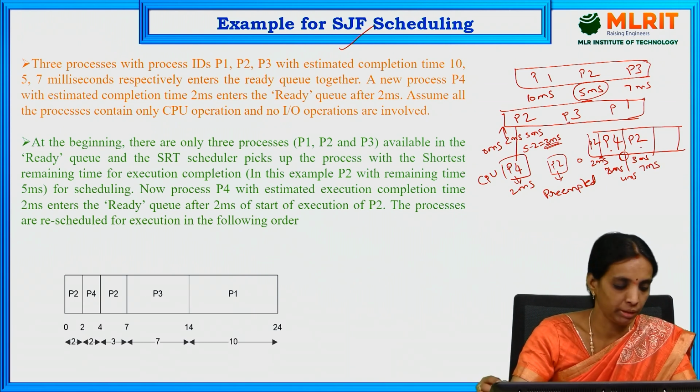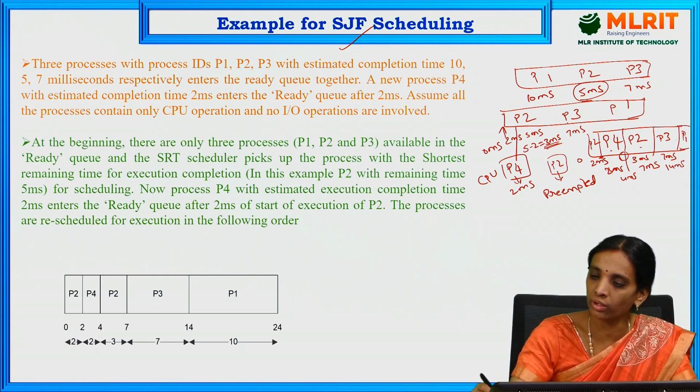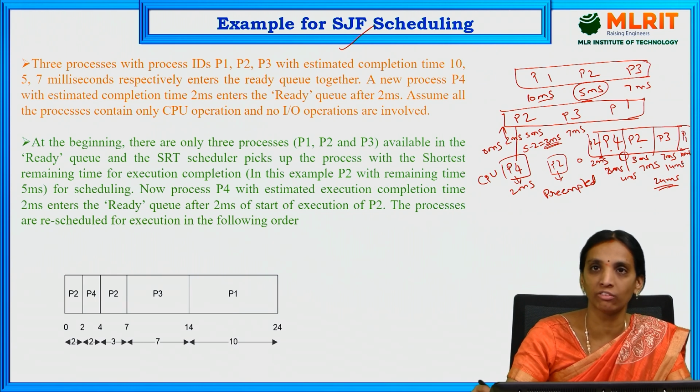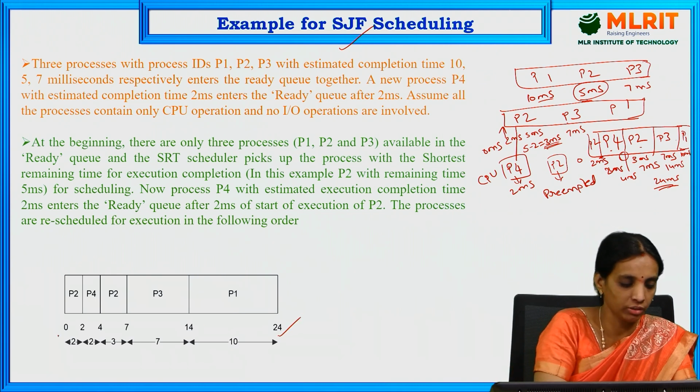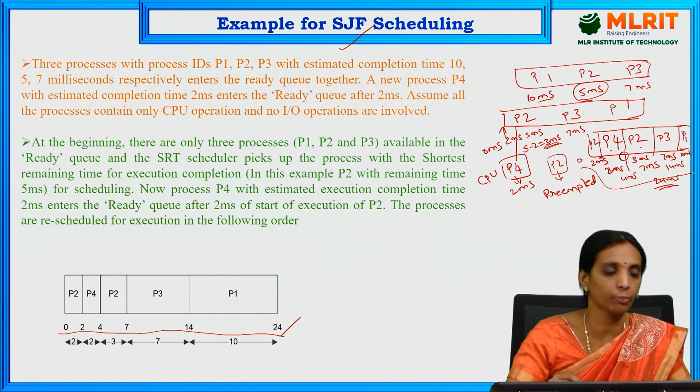Next P3 enters and takes 7 milliseconds, so at 14 milliseconds P3 completes its execution. Now P1 enters and takes 10 milliseconds, so at 24 milliseconds P1 completes its execution. These are the time periods taken by each process.